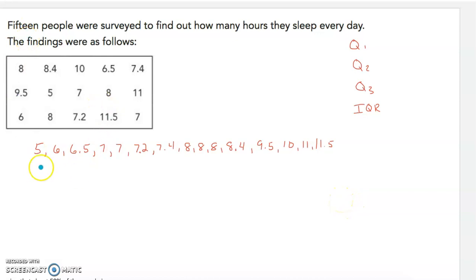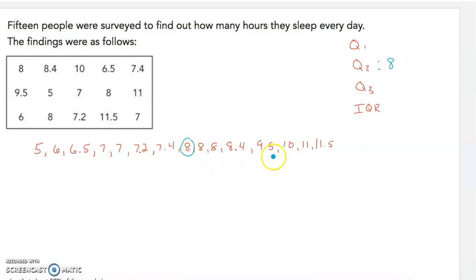So here we go. The first thing is to find the median, the quartile 2, I'm sorry, we're going to have to find a middle number. There's 15 people here, so I'm going to count up 7. So 1, 2, 3, 4, 5, 6, 7. And the next one is the median, so Q2.